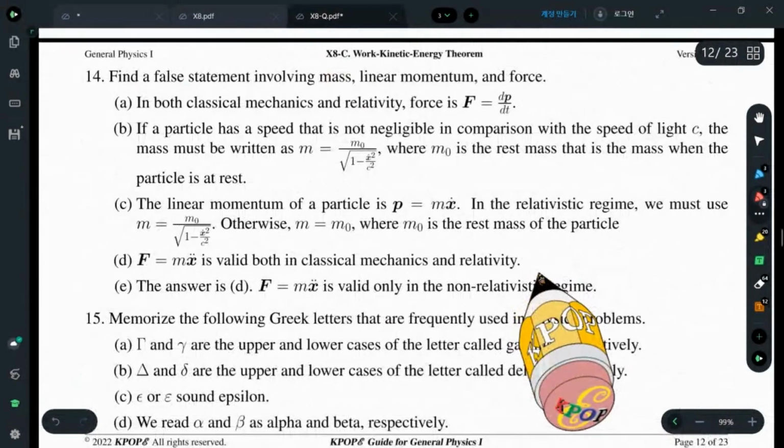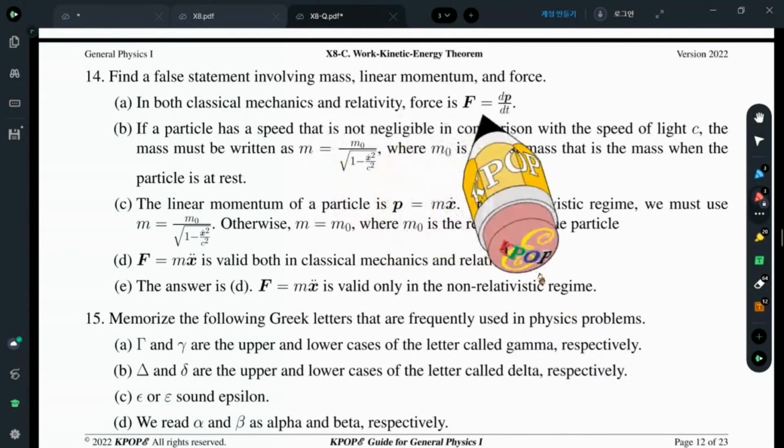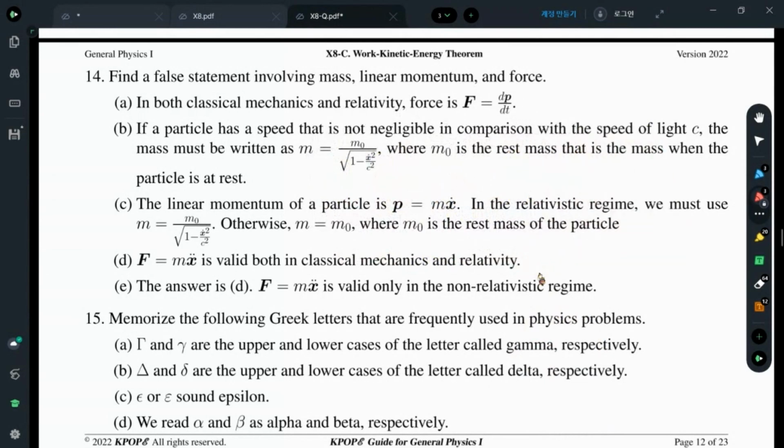You don't have to derive this completely. In the next semester, we will study Einstein's special theory of relativity. But for now, let us just read it through.